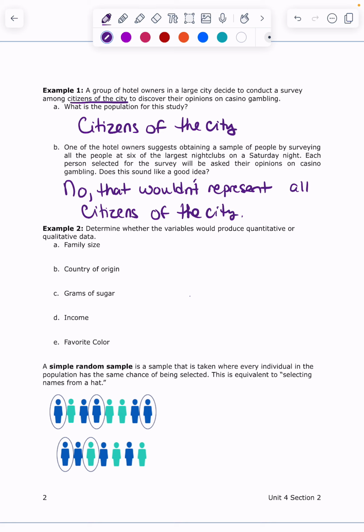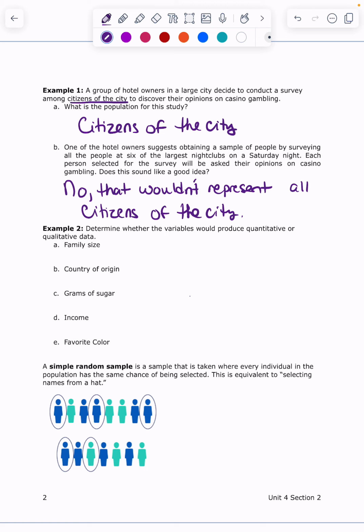It would be kind of like going into a store that sells cigarettes to survey the people going in on whether they think public smoking should be legal or not. So of course their opinions are going to be swayed, just like people in nightclubs probably have a different opinion about casinos than people who might be at home sleeping.